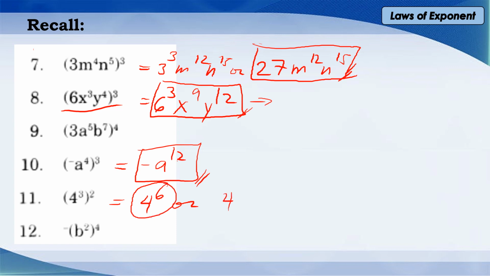Siya magiging 4 times 4 times 4 times 4 times 4. 1, 2, 3, 4, 5 times 4. Equals 4 times 4 is 16 times 4 is 64.